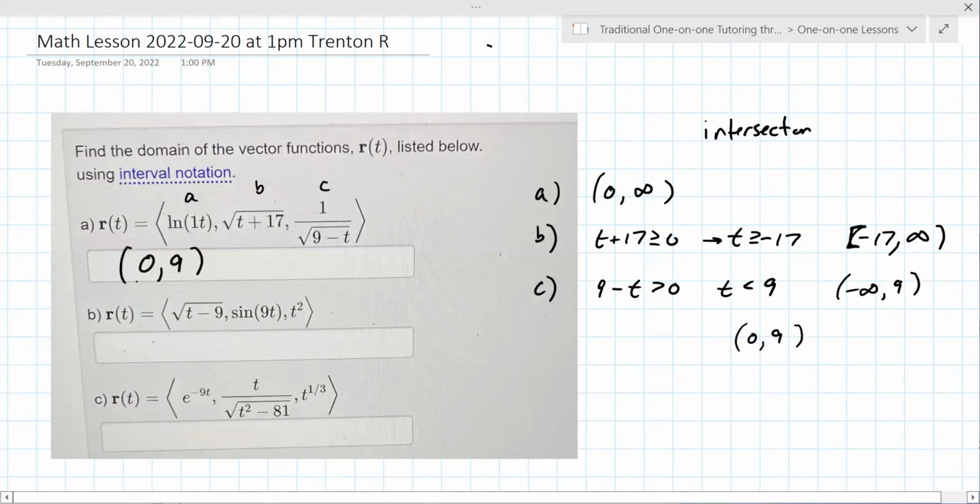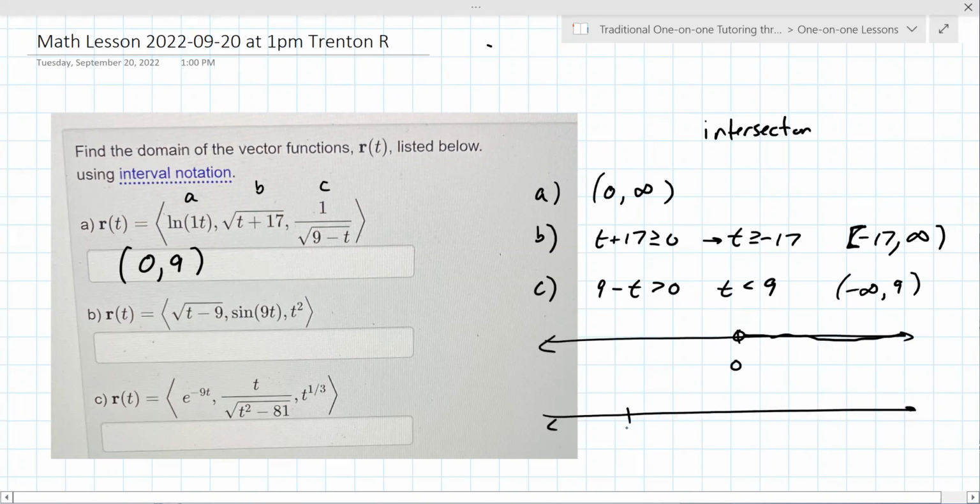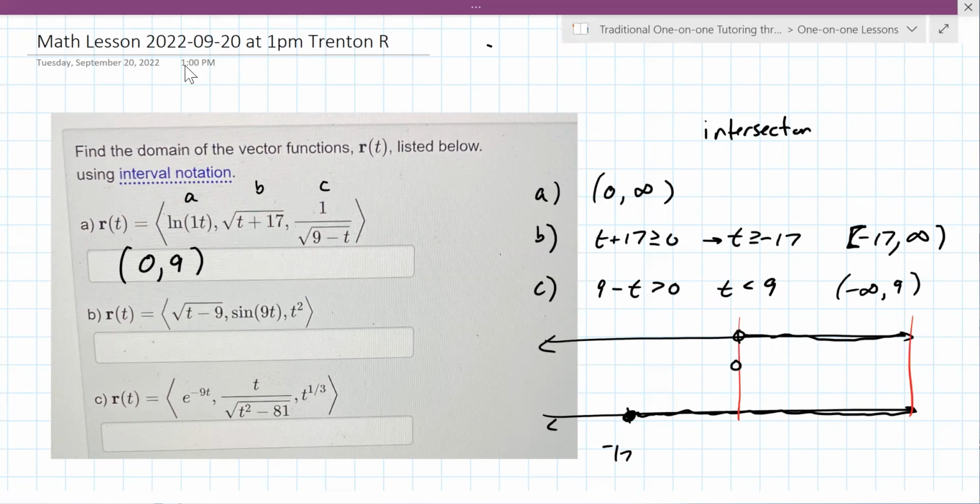Okay, I guess I don't understand that. Okay, so we'll just draw a picture. So the first one, A, this is A, 0 to infinity. B is going to be minus 17 to infinity. So right now the overlap appears to be this region, but then we're going to do the last one.